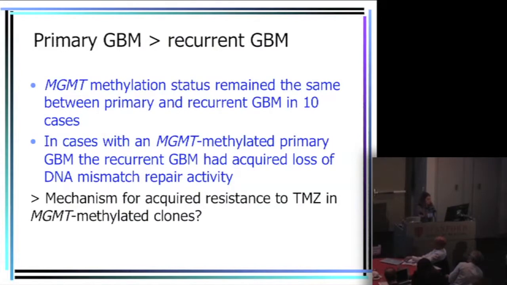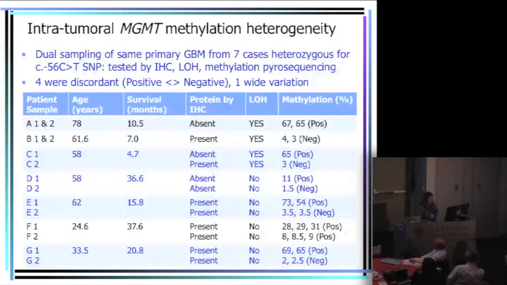So this could be a mechanism for acquired resistance to temozolomide in MGMT methylated clones. But more likely, the method we used in the recurrent tumors was a little bit crude, and so really just didn't find the low-level heterogeneity of the clones that had both MGMT methylation and mismatch repair loss within the primary tumor, and perhaps that was pre-existent and they were resistant to begin with. That we haven't differentiated between.